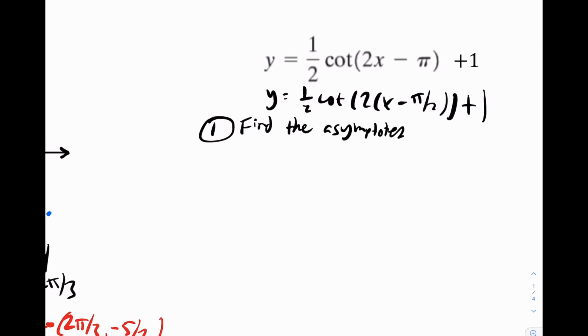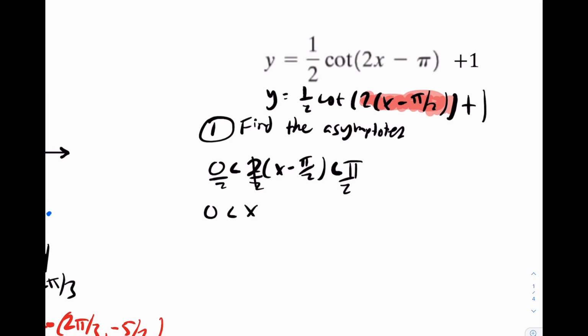It will be easier. In this situation, you're going to grab this whole thing. Okay, so grab that whole thing right here. 2x minus pi over 2 is between the regular asymptotes of cotan. So in this case, it'll be 0 and pi. And let's solve for x. So divide the 2 out.